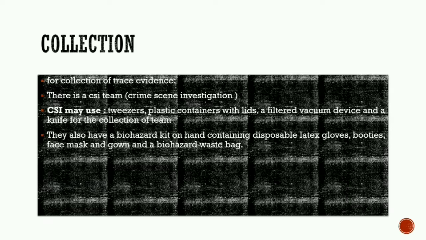To collect trace evidence, CSI might use tweezers, containers with lids, filtered vacuum devices, and a knife. They can also have a biohazard kit containing disposable latex gloves, booties, face masks, a gown, and a biohazard waste bag.